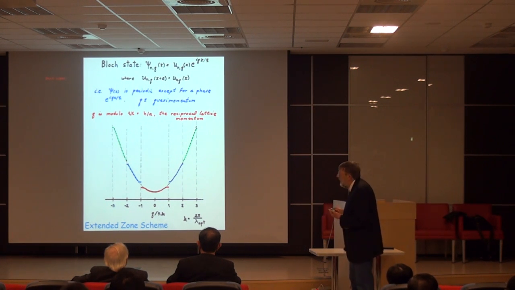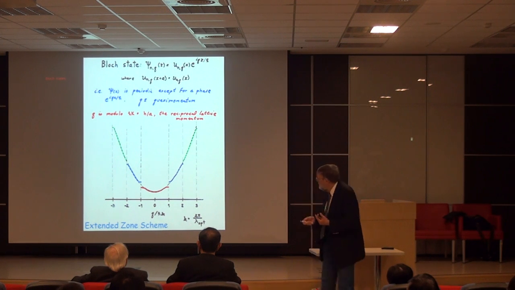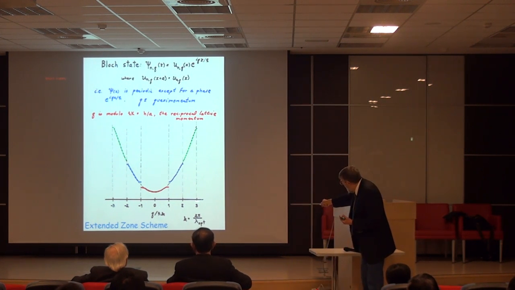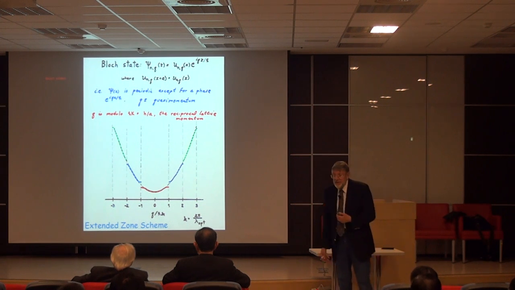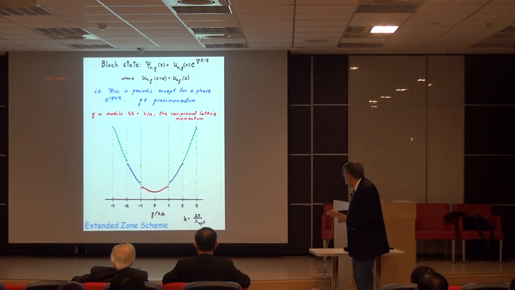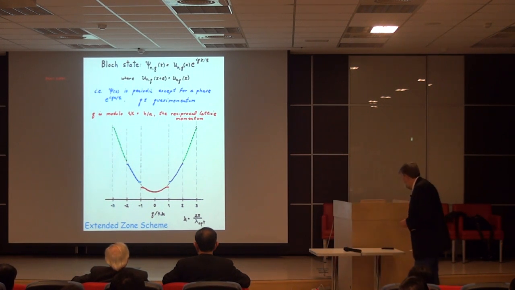That means the reciprocal lattice vector is twice the photon momentum. Okay? So this axis here is in photon momentum. So a reciprocal lattice vector is at 2, and the Brillouin zone, which is halfway to the reciprocal lattice vector, is 1. It corresponds to 1 photon momentum. That's where the edge of the Brillouin zone is. Okay.